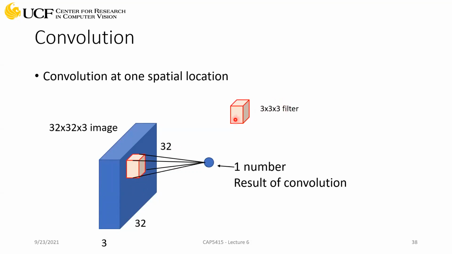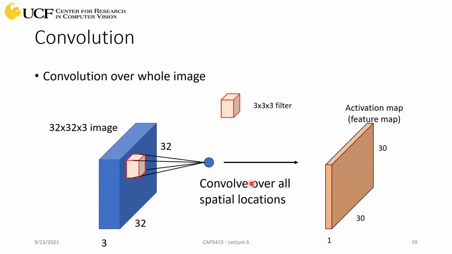And again, you will have the same number of values in this kernel. So you just take a linear combination of these two, and that's going to give you 1 number. So it's just 1 number for this location, and for all the locations, again, it will be 1 number. And that's what this activation map is showing here. Because it was just 1 number along the depth, that's why it's reducing from 3 to 1.